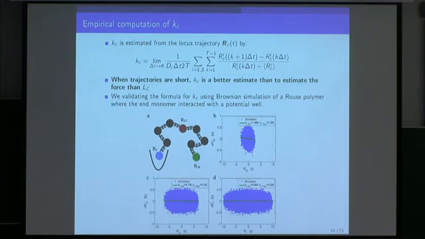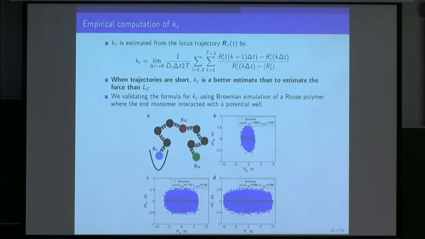Now the question is, if the localization is due to some effective spring coefficient, and we also measure L_c, why should we use this new estimator? The reason is that often the trajectories that we look at are short, and L_c is some sort of long-time equilibrium measure, while K_c can be extracted from the dynamical trajectory, so you don't have to wait until it has sampled all the space nicely.